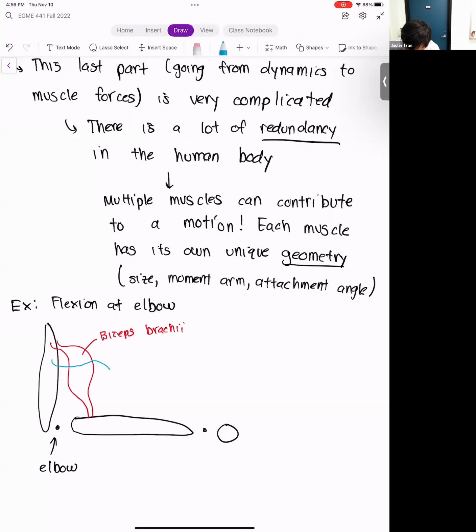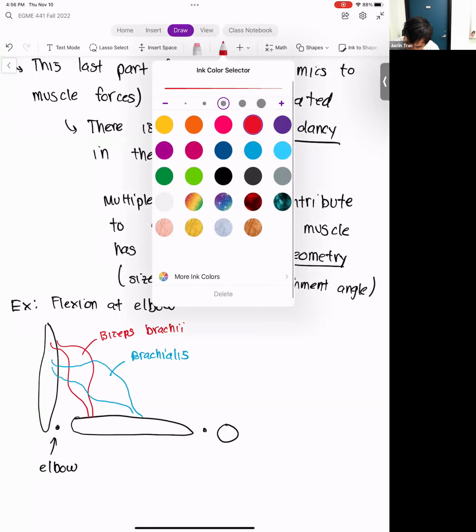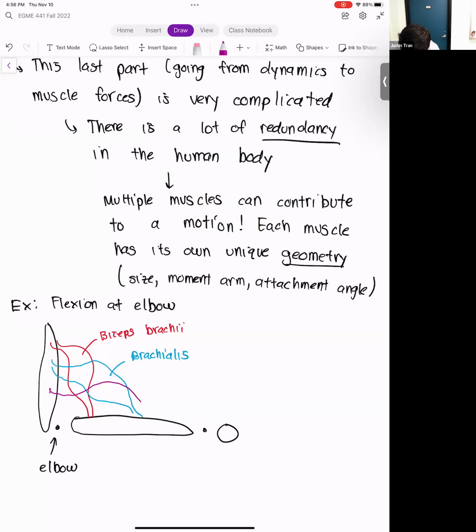Remember, we have the brachialis, and then we also have the brachioradialis, which looks something like this.